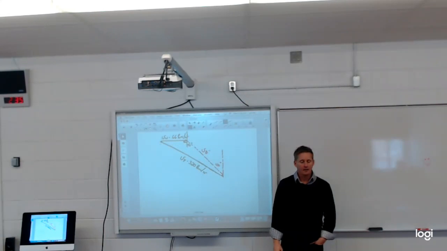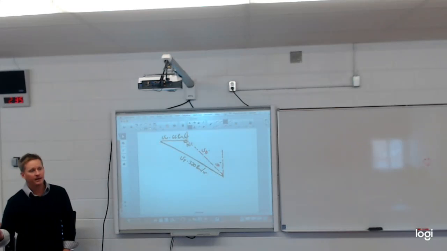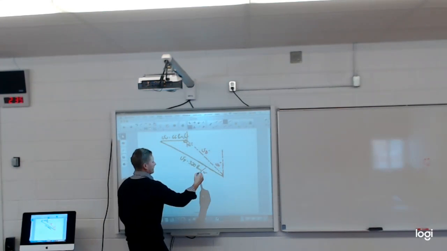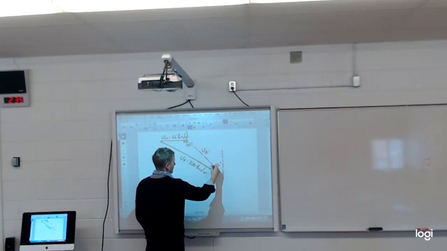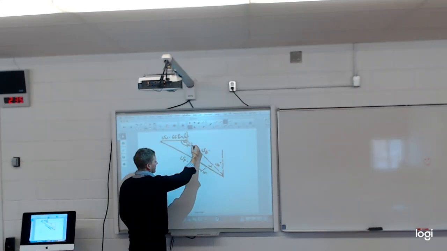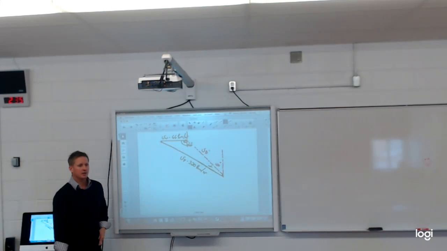Okay, now at this point, let's find the rest of the information in the triangle. Let's find all the angles first, and then let's find the other velocity, which is the ground's velocity. I know this is 136 right here, and I know the side across from it.